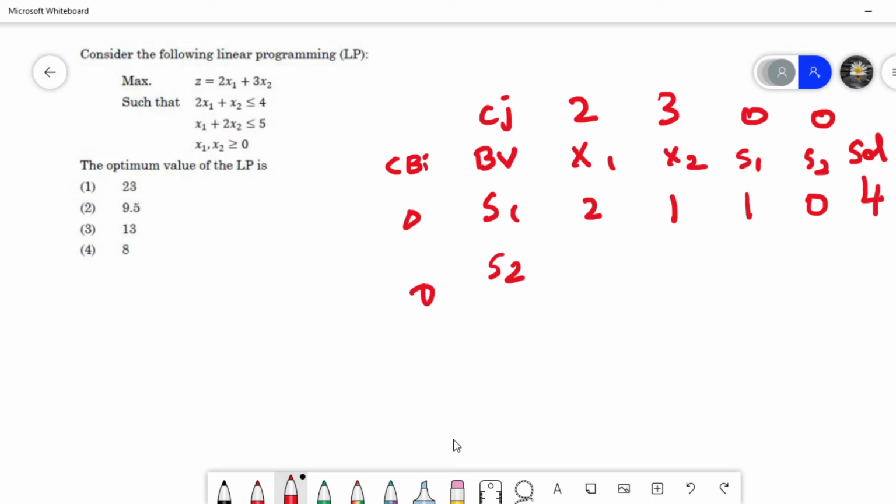In the second equation, x1 plus 2x2 plus s2 less than or equal to 5. So x1 is 1, x2 is 2, there is no s1 value, s2 is 1, and the solution is 5 here. Now we are going to calculate the Zj value.